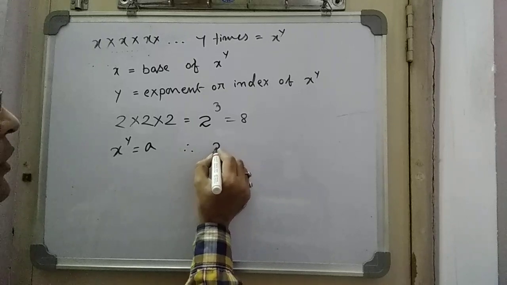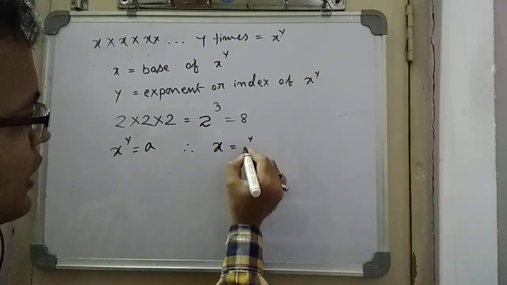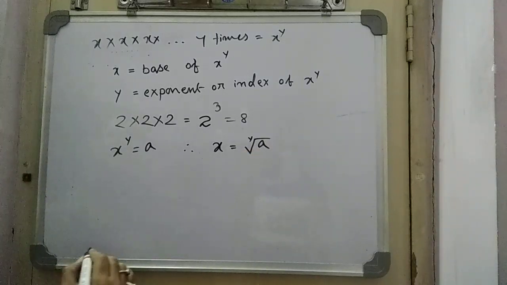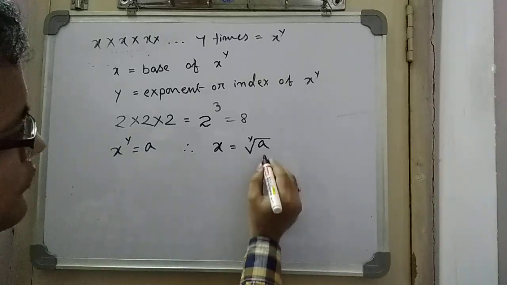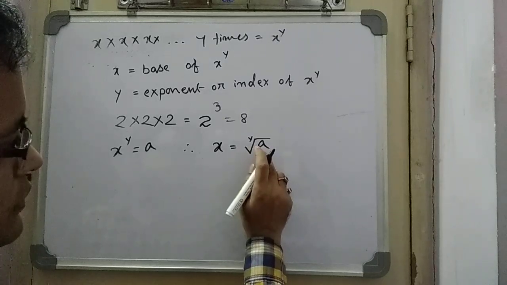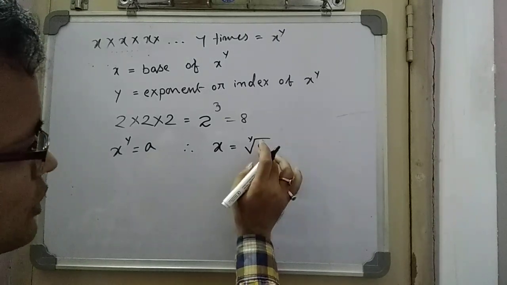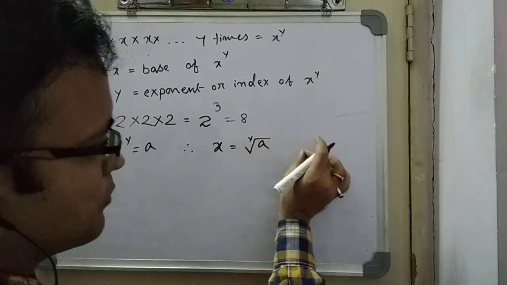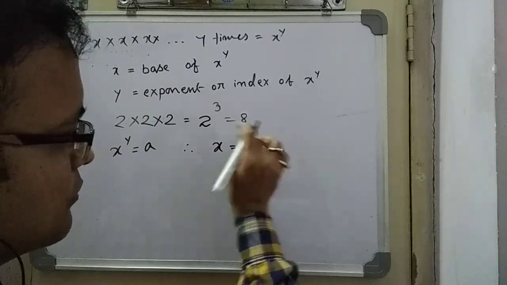So what will x be? x will be called the yth root of a. Yth root means that after breaking a into a common factor, if you get some common factor multiplied y times, you can take one factor out and that will be the value.